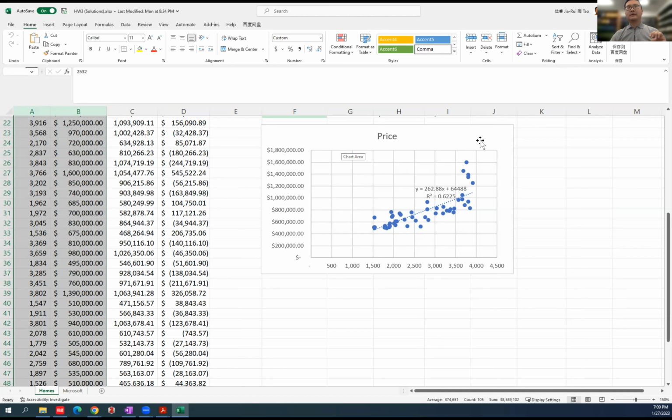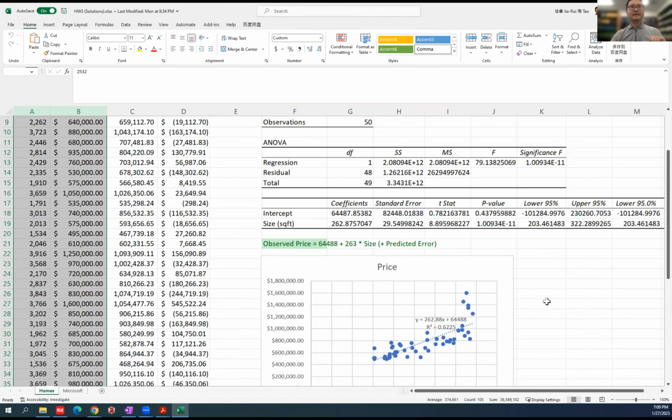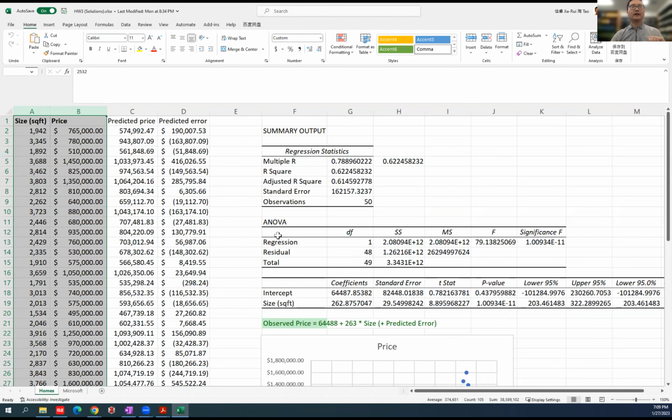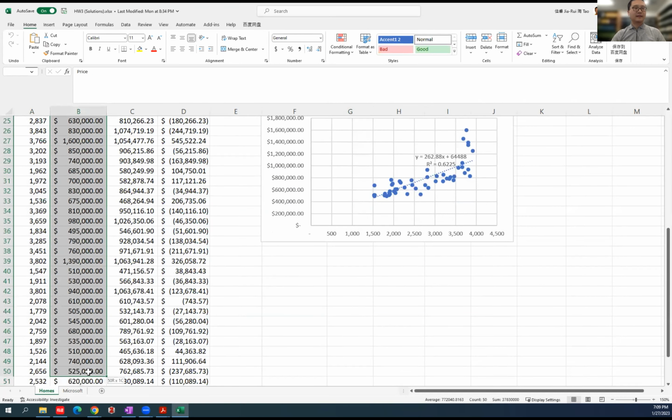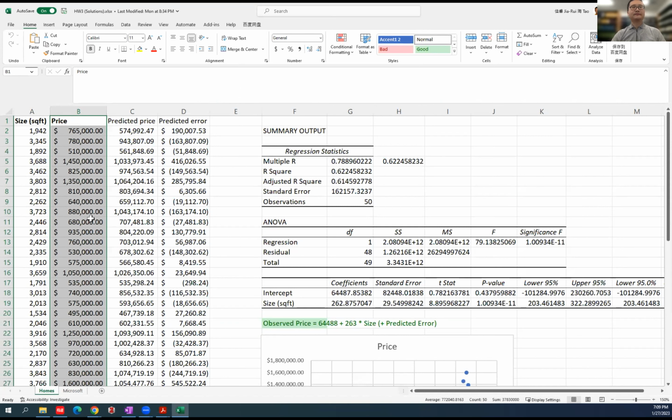When we interpret R squared, as Vivian has probably already generated in the summary output table from linear regression, she has an excellent interpretation already, saying that this R squared 0.62 is telling us that 62% of variation in price, that's the dependent variable we have in the model, can be explained by square footage.